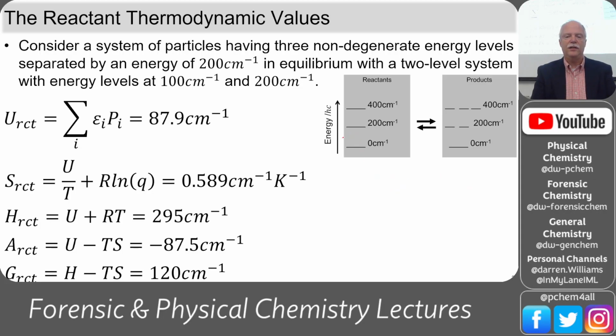So notice there is no energy level at 88 wave numbers, but that's the average energy of the system because we have a few molecules with 200 wave numbers of energy, very few of 400, and a whole bunch at the ground state. So that's the typical Boltzmann population statistics, that the lowest energy level is the most populated if they're all the same degeneracy.